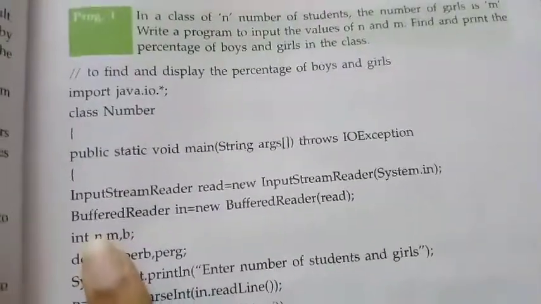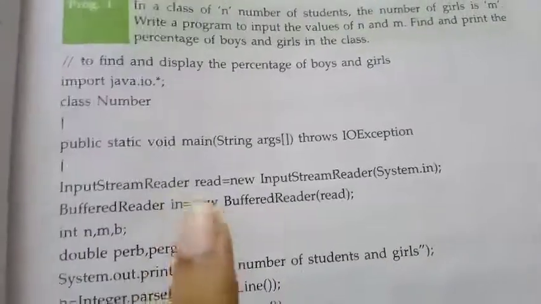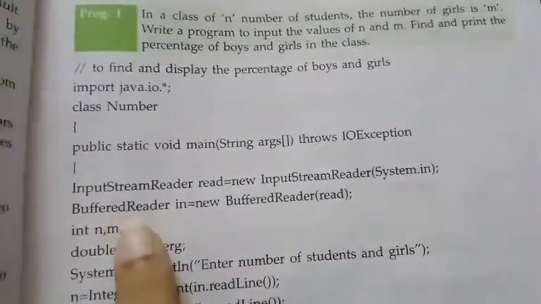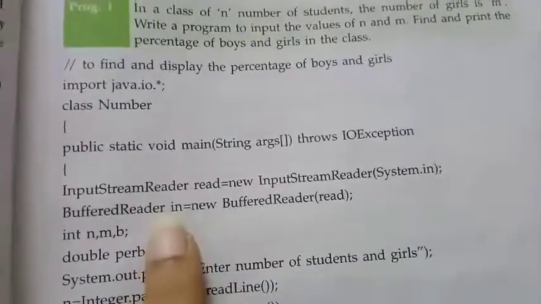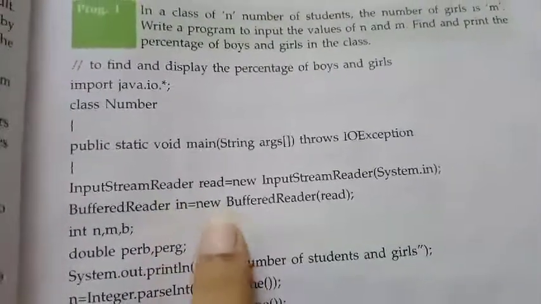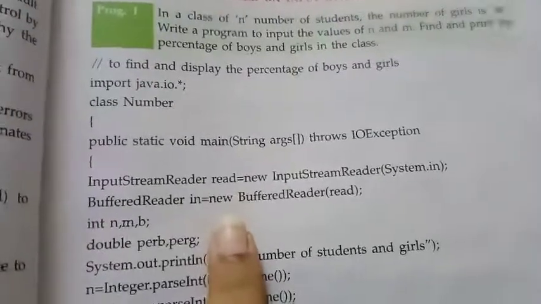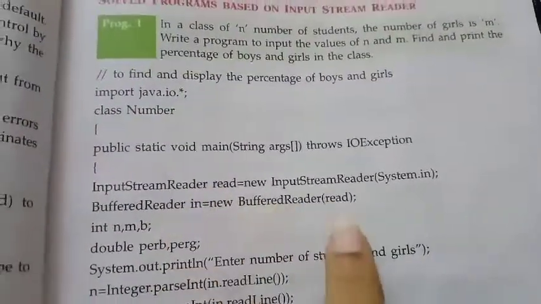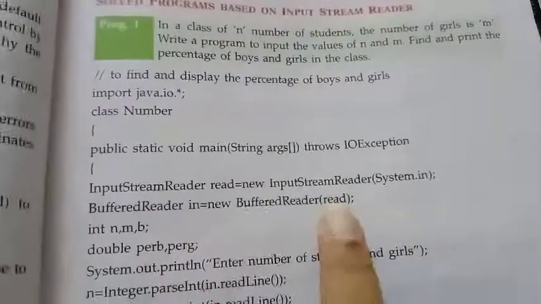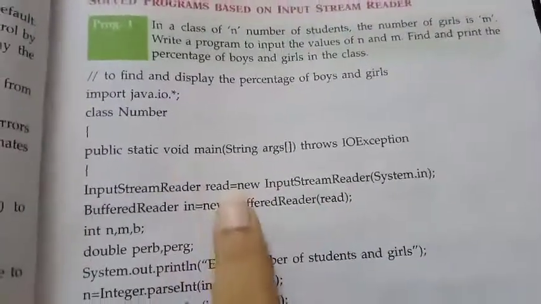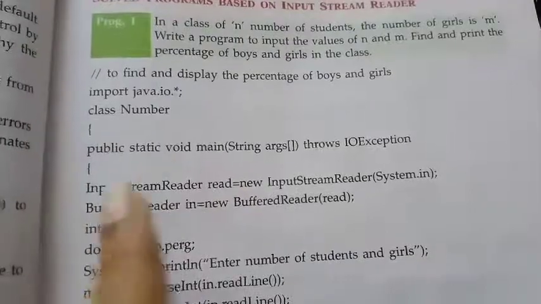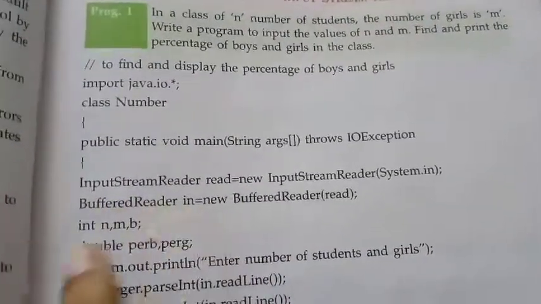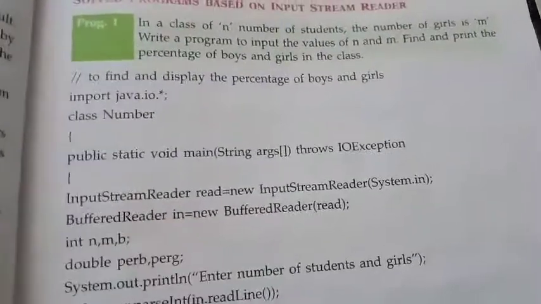Again you have to create an object to read the data from your BufferedReader. BufferedReader is the class name and this is your object in, and again new is the operator to define this object, and this read is the object from which the BufferedReader is going to take the data and save it in its place.